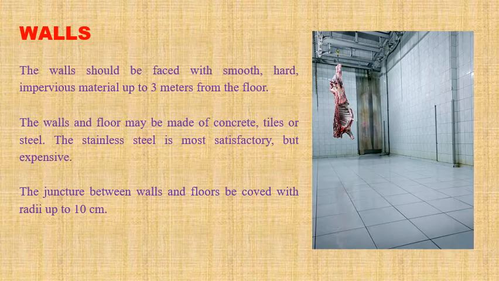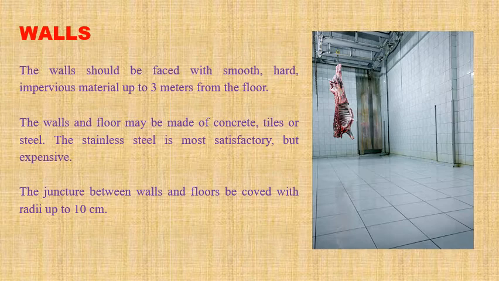Now a few specific things related to construction. First I will talk about the walls, later about the floor, ceiling, doors, windows, etc. Regarding the wall, the wall should be faced with smooth, hard, impervious material up to 3 meters from the floor. As I said earlier, the walls and floor may be made of concrete, tiles or steel.